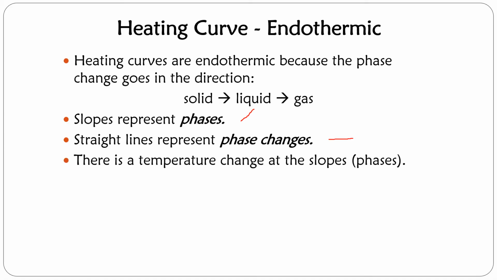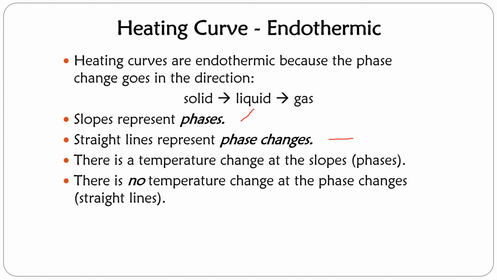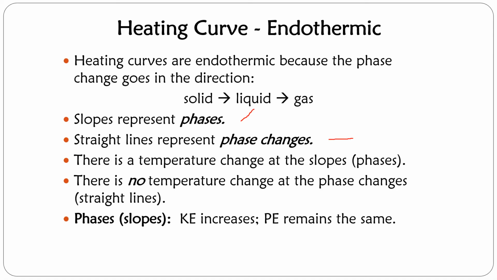So remember, I said that during the phases, during those slopes or tilted lines, the temperature was increasing. There was a temperature change. But during the phase changes, when the solid ice was melting into liquid, or when the liquid was changing into water vapors, there was no temperature change. Keep that in mind.